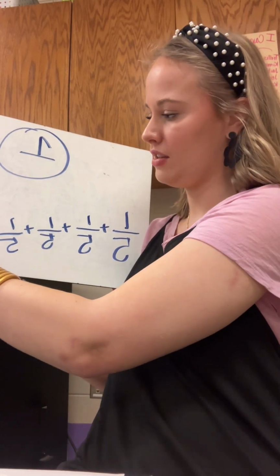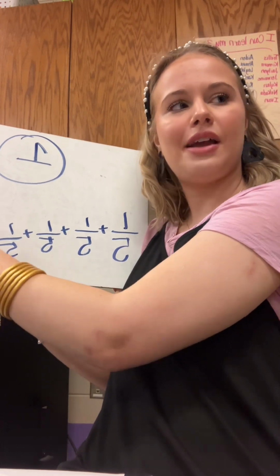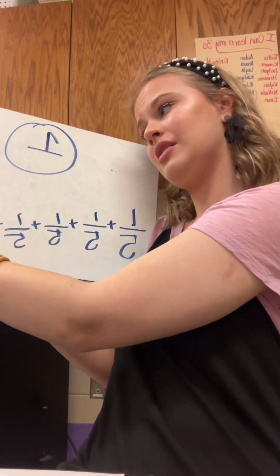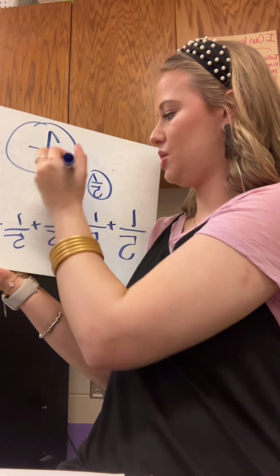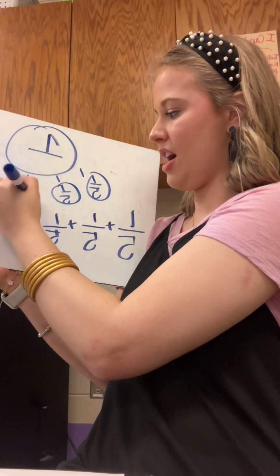So when the numerator is the same as the denominator, what does that mean? It's a whole. So we would draw our 5 1/5 branching off, right?